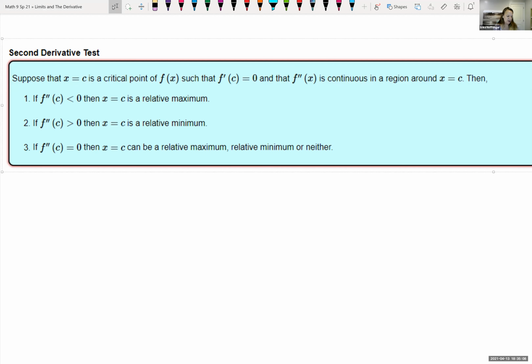So let me share with you another test to find if you have a maximum or minimum value. Recall, we were looking at where we had maxes and mins by looking at where our function was increasing and decreasing.